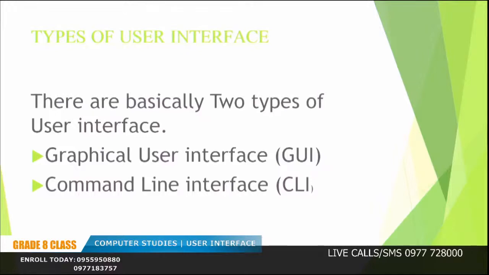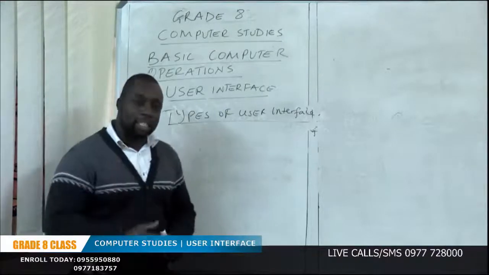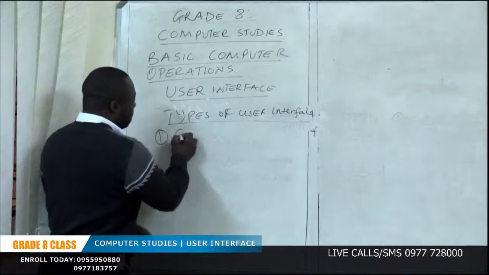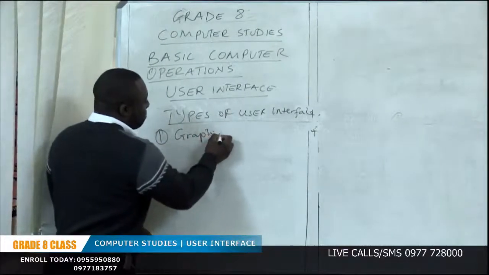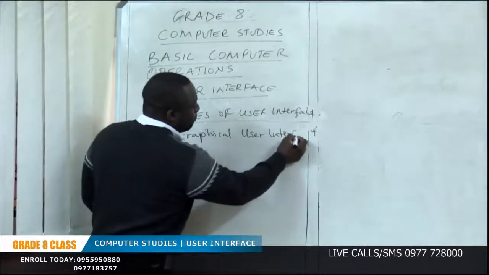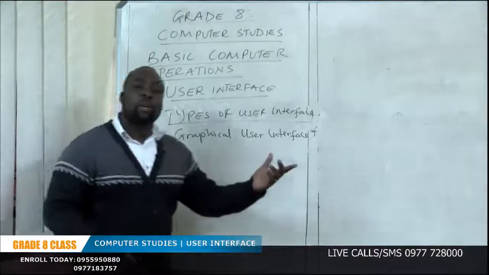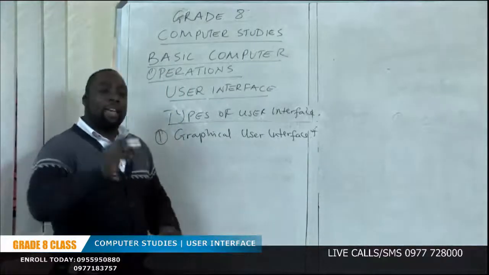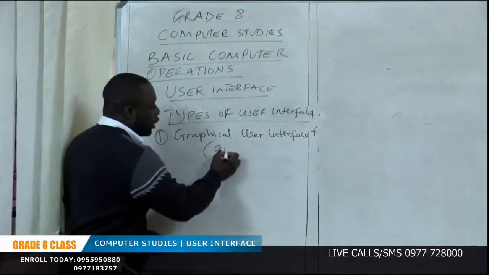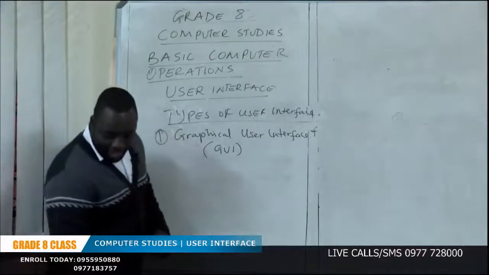So now, let us look at these two in detail. We'll start with the graphical user interface. What is the graphical user interface? We normally write this as the abbreviation GUI.